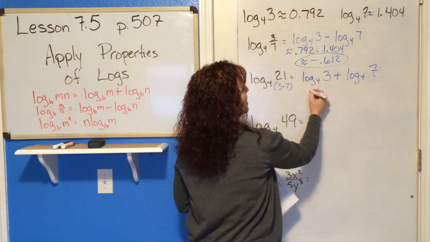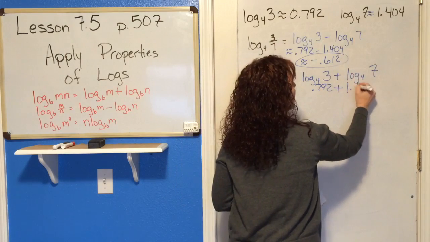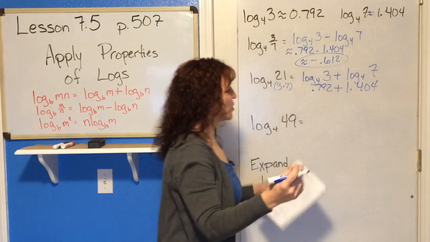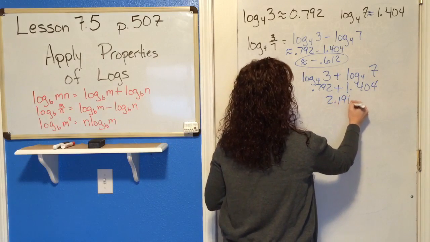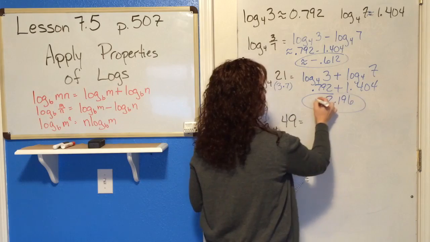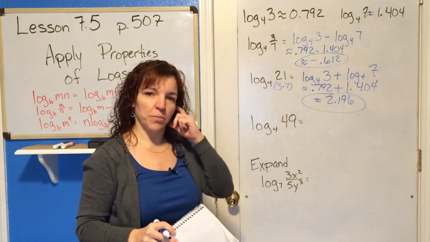And so log of 3 is this, plus log of 7 is that. And so now when I add it together, I get 2.196. And it's approximately equal to, not exactly, because we did round those numbers.